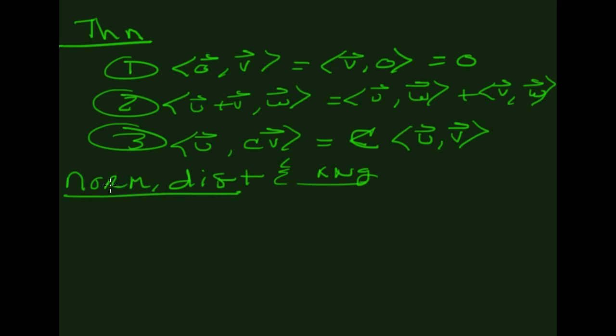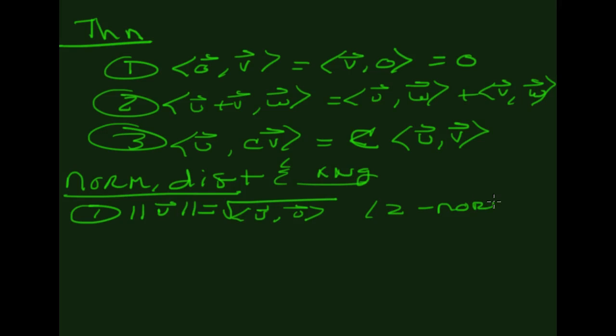Just like I could induce these from a dot product, I can also induce them from an inner product. So number one, the 2 norm of some vector is the square root of the inner product with itself. We call this the 2 norm because it's using a square root. So that's like a measure, right?